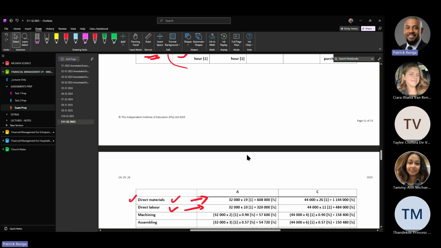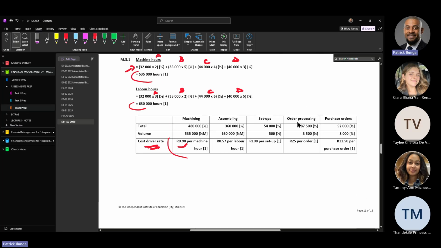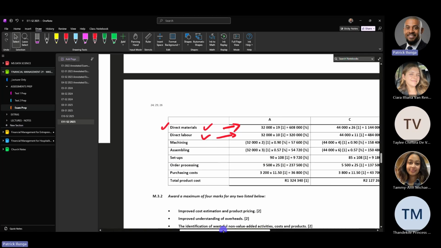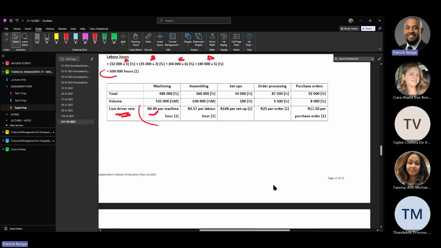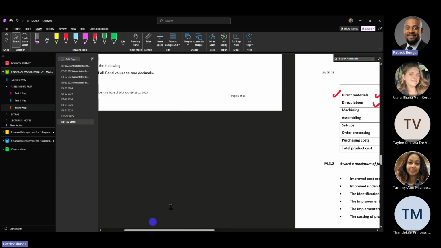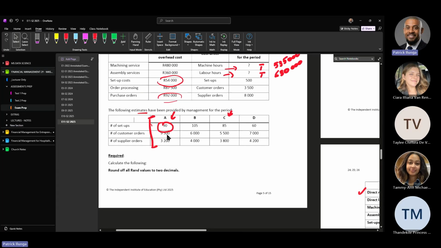You take the cost driver. For order processing, it's 25. So you will take 25, multiply by what? By the number of orders, so that is for order processing, right? How many orders are there? Sorry, guys, I need to just remove this because we are not seeing even the amounts here. All right, so it's 9,500.